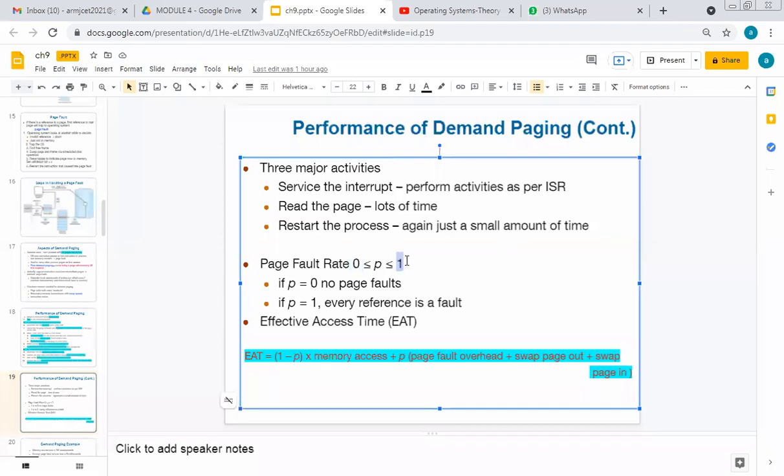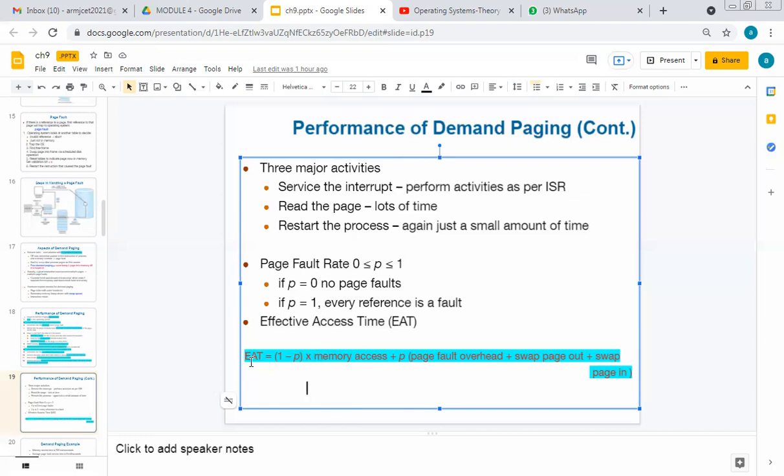If the requested pages are 10, 11, 12, all already in the page table, then the probability is 100% and the process will execute at a time. If the request is 17, 18, 20 and the availability is 17, 18, 19, or the reverse, then it is partially available and partially not available. So it is in the range of 0 to 1.